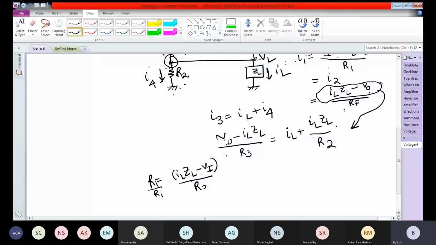This is nothing, plain circuit theory, okay? That is IL plus ILZL by R2.